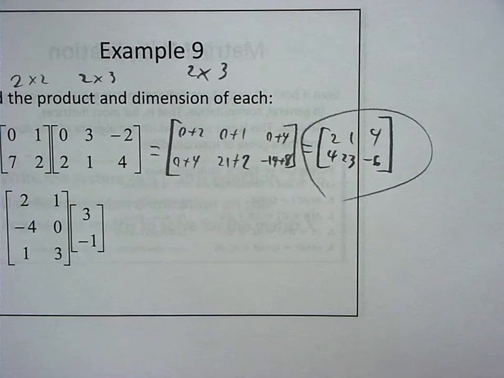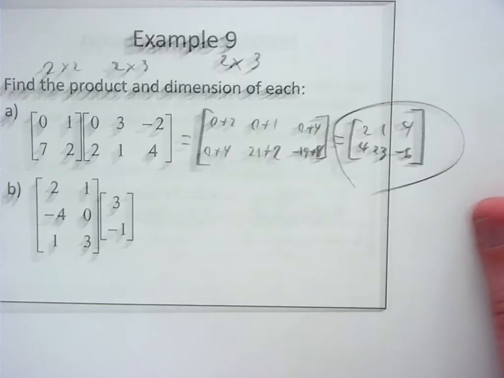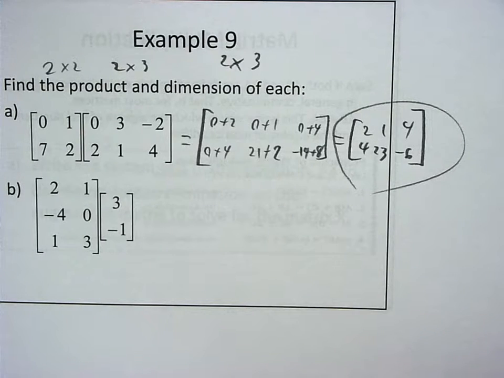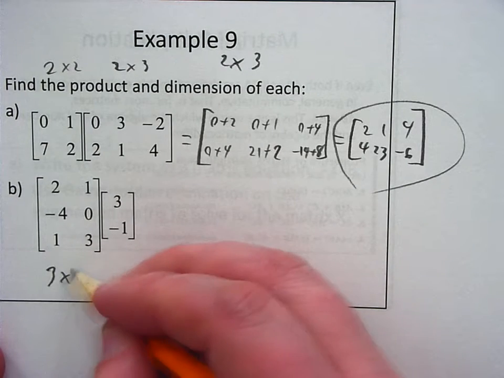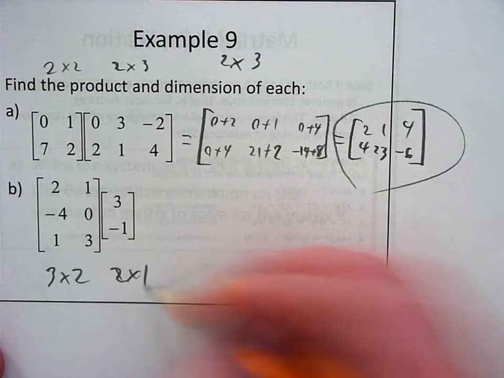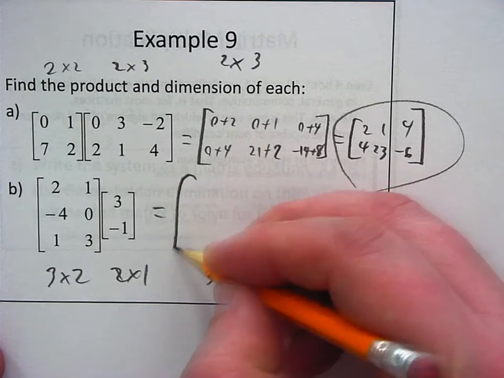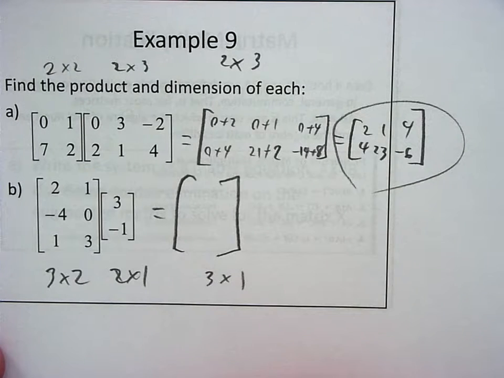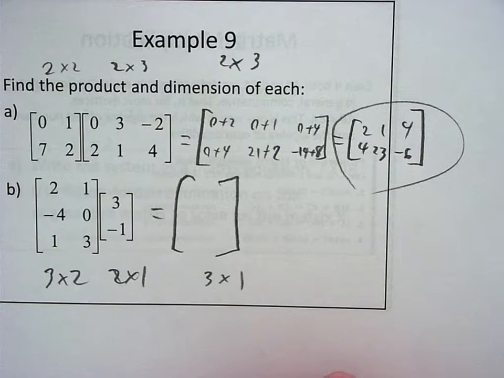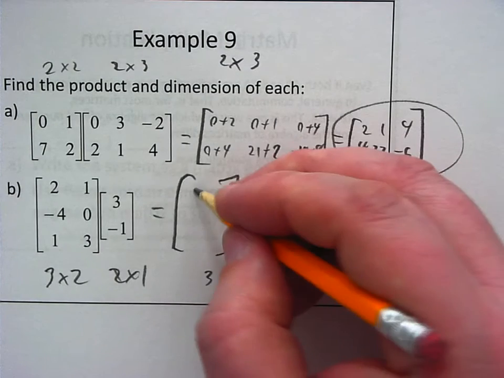Okay. For B, what would be the dimensions of the result? 3 by 1. Yeah, it's a 3 by 2 and a 2 by 1, so it's going to be 3 by 1. In other words, it's just going to be a column matrix. What do you get for the top number? Is that a negative 1 or a 1?